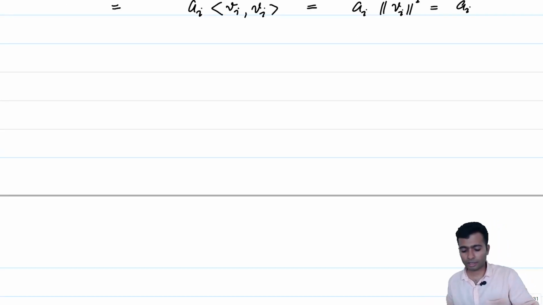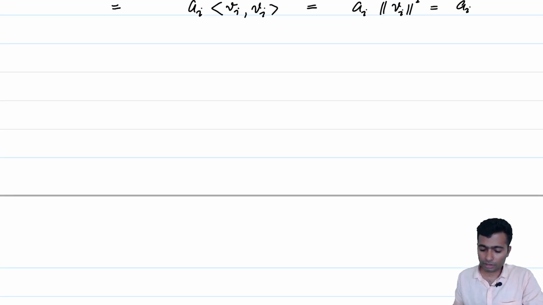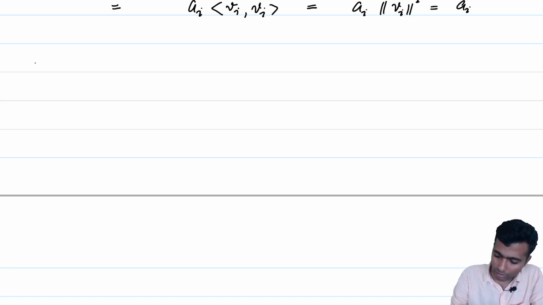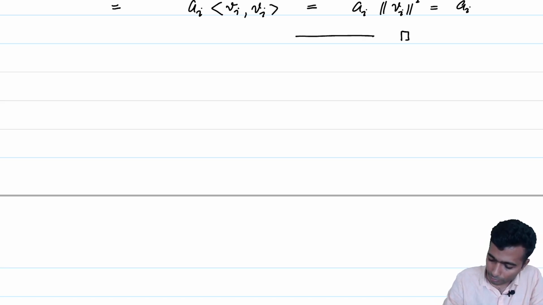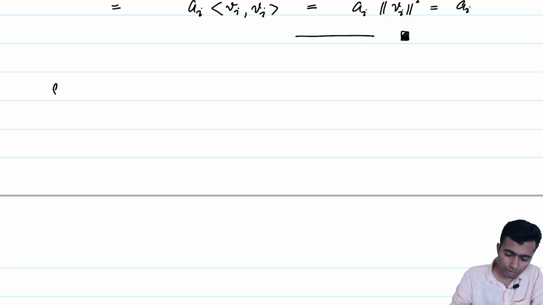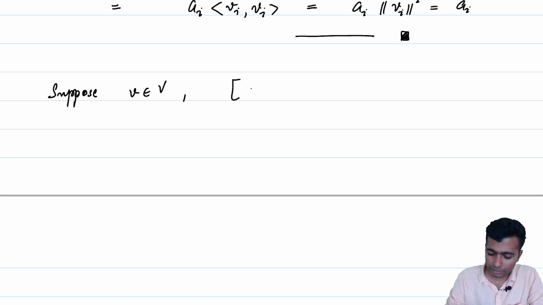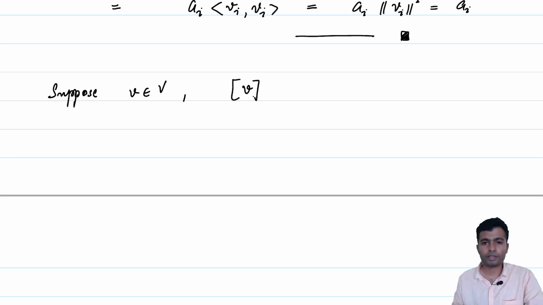So this makes a lot of things quite simple for us. For example, suppose V is in capital V, and we are interested in the column vector representation of V with respect to beta.